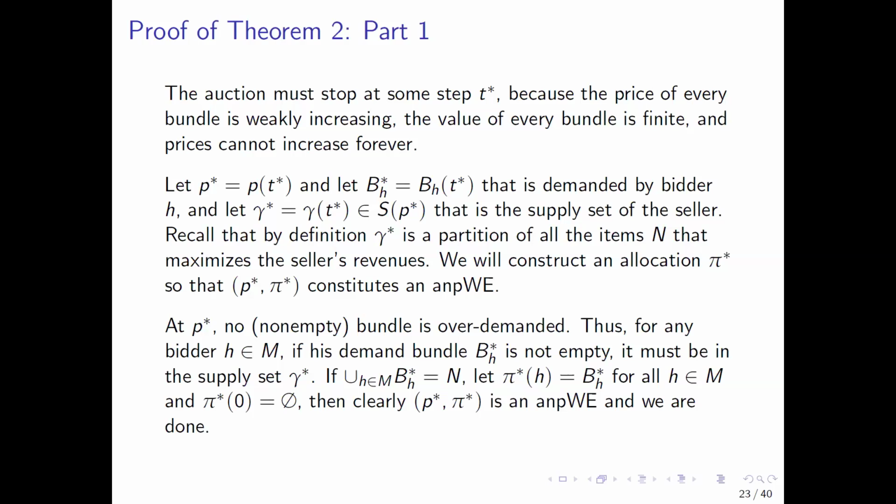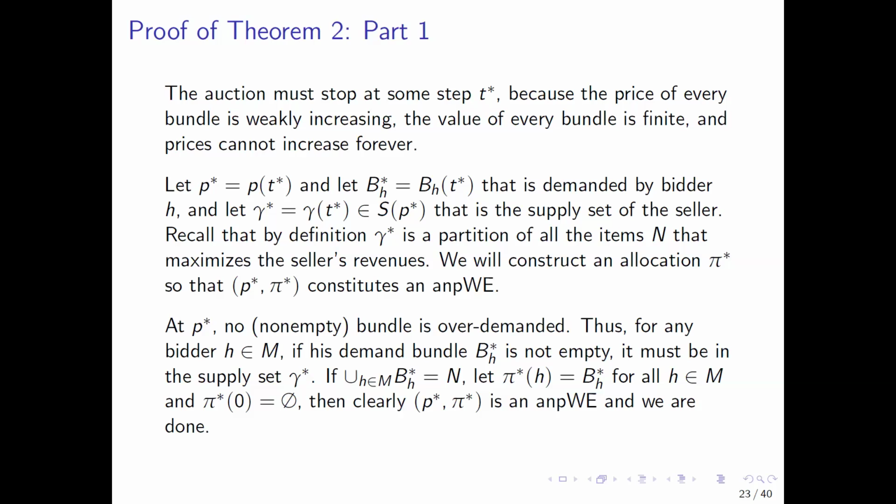Because as long as it's not in the supply set, the price will have to increase, right? So when this auction stops, every non-empty set which is demanded by some bidder must be in the supply set of the seller. Because otherwise, by definition, for any over demand set the price should be increased. So this is quite important.